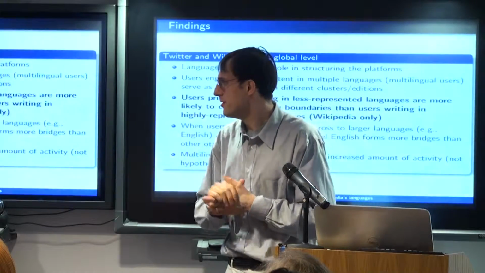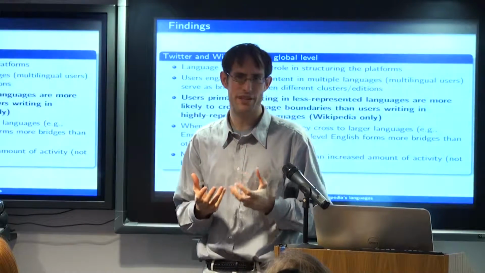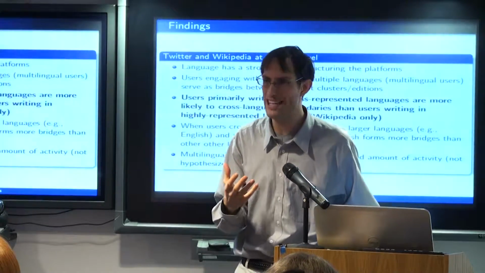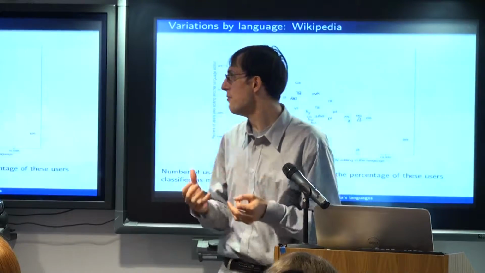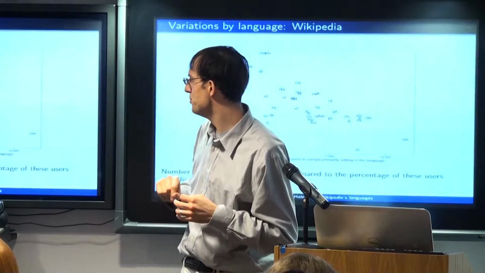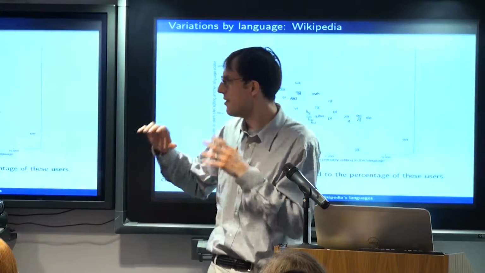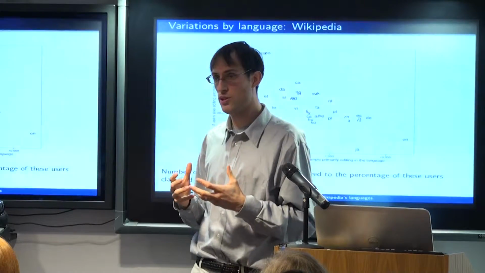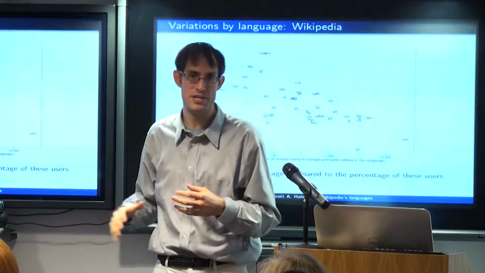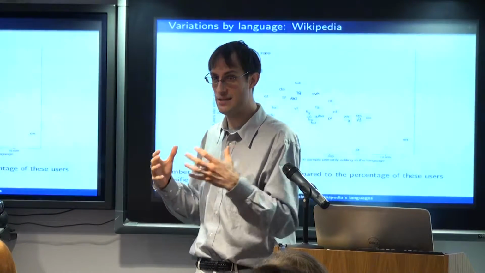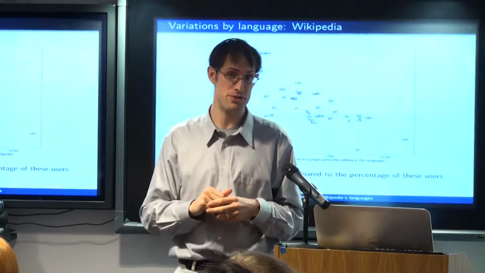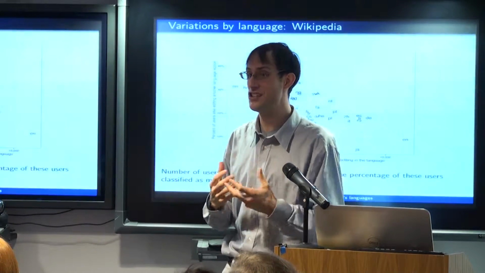So just a few more quick bullet points. Where are these people coming from primarily? What sort of people edit multiple language editions? Well, if we look at the first language they edit, which is indicated with the language codes on the screen here, and I've ordered them, there's a pretty strong correlation here, about -0.7, between what's on the horizontal axis, which is the number of users primarily editing that language edition, and on the vertical axis, the percentage of users who also edit an additional language.